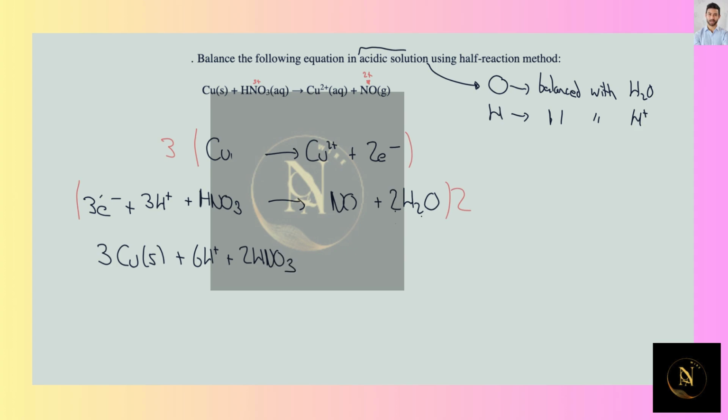Notice that the electrons cancel out, 6 and 6. In this case, HNO3 in aqueous medium, same thing with the protons in aqueous medium, which is going to produce 3 Cu2+ plus 2 NO plus 4 water molecules.